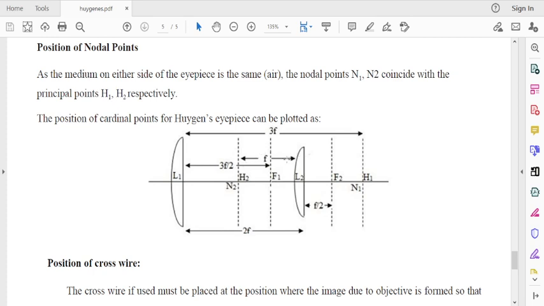This is taken in that calculation as negative because it is to the left of the eye lens.